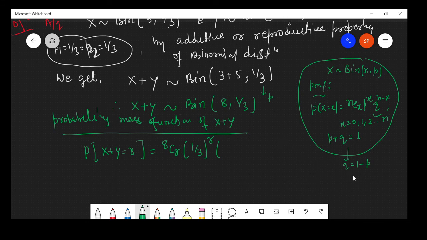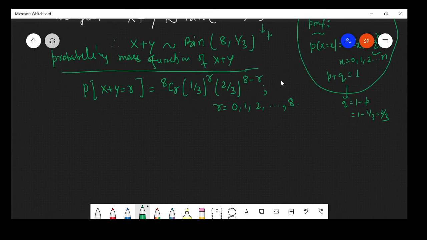In our question we can write 1 minus 1 by 3, that is 2 by 3. Here we write 2 by 3 whole to the power n minus x, n is 8, minus x is r, according to the question. And now r is equal to 0, 1, 2, dot dot dot 8. This is the binomial probability mass function of X plus Y.